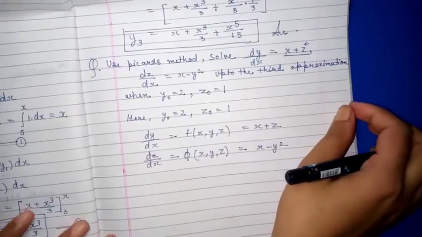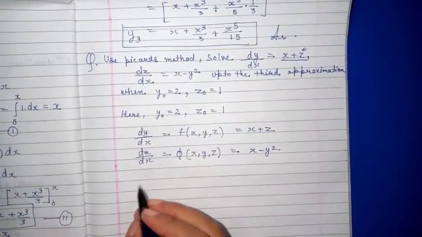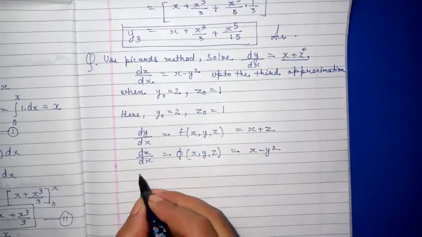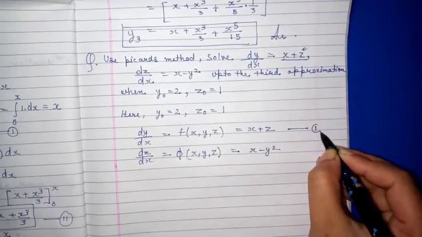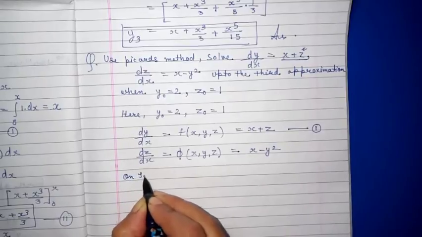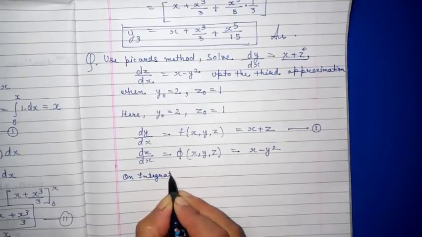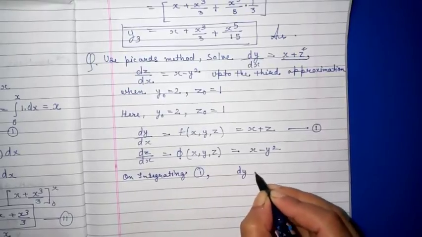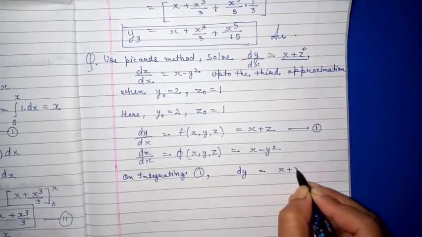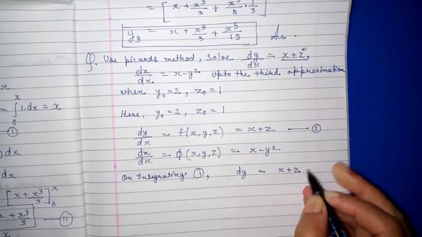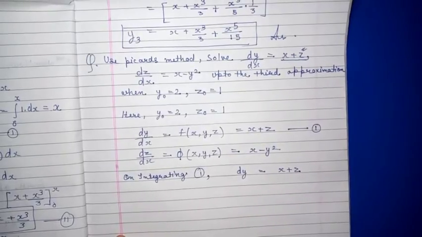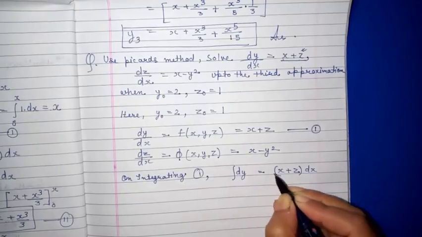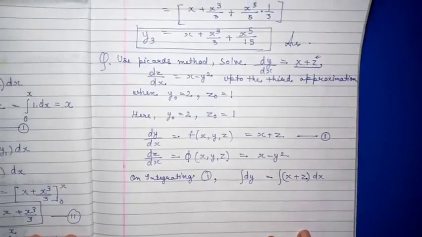So here we have to find, try to understand that if you integrate the above equation, I'm just writing it as 1, on integrating 1, you will get dy equal to x plus z dx. And here also you will integrate, and you will get this value.